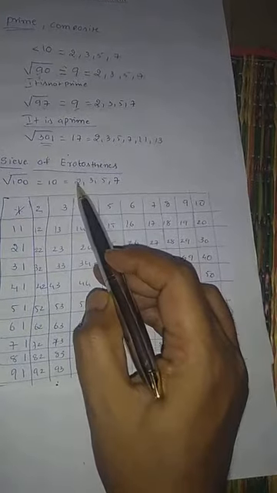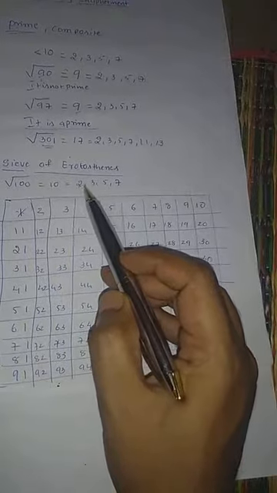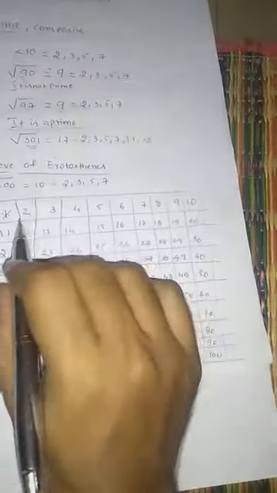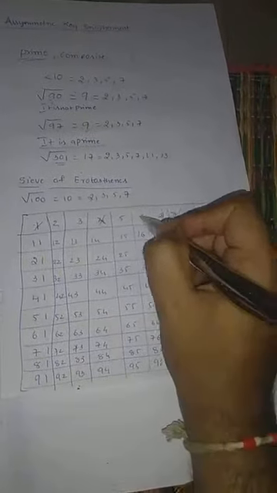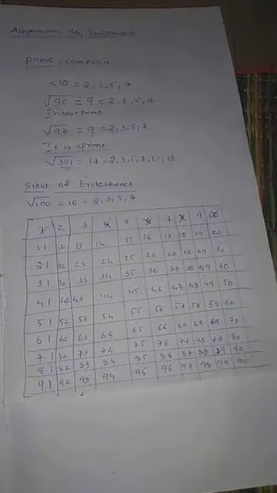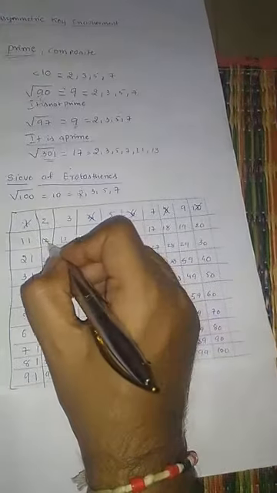Now whatever numbers are divisible by 2, we need to strike out. 2 ones are 2, we should not strike that out. Start from 2: 2 twos are 4, strike it out. 2 threes are 6, 8, 10, then 12, 14.